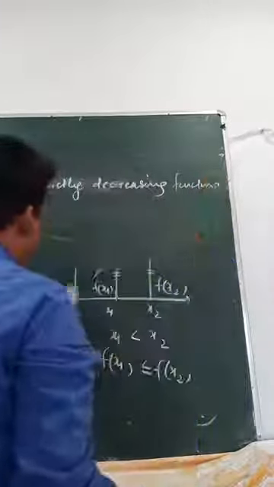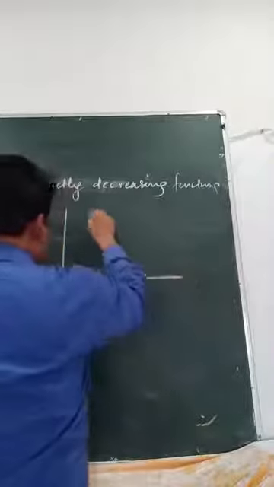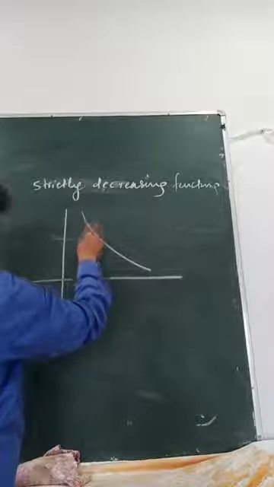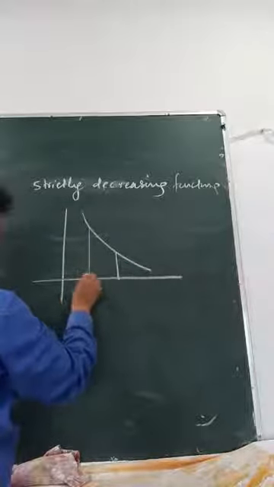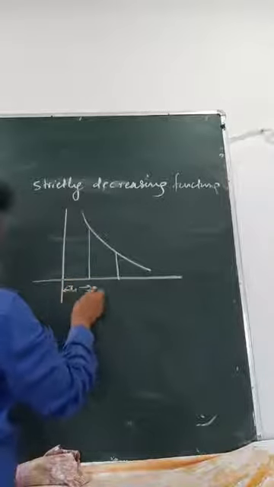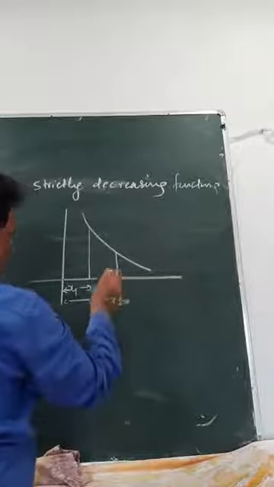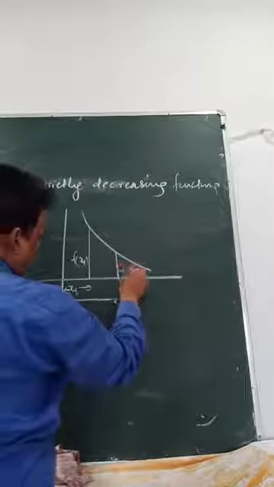See the graph. Suppose the graph is like this. So pick up 2 points. This is your x1. This is your x2. This is your f(x1). This is your f(x2).